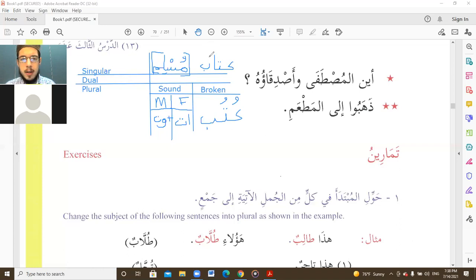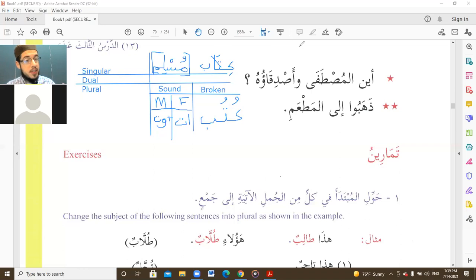Some letters are deleted, right? We have the alif exists no more. Some vowels are changed. We had a ki, now we have a ku, right? We had a ta, now we have a tu, etc., etc., etc. So this is all with nouns. Okay, when it comes to nouns, we have sound plurals and we have broken plurals. From the sound plurals, we have masculine and feminine forms.